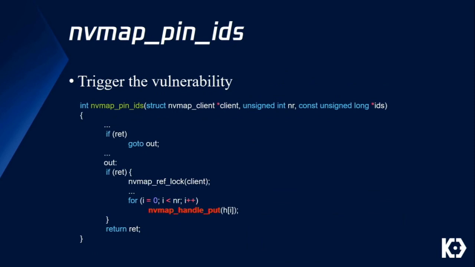So next, if there are invalid nvmap handle structures, these invalid handle structures and the other nvmap handle structures in this array before them will be processed by the function nvmap_handle_put.